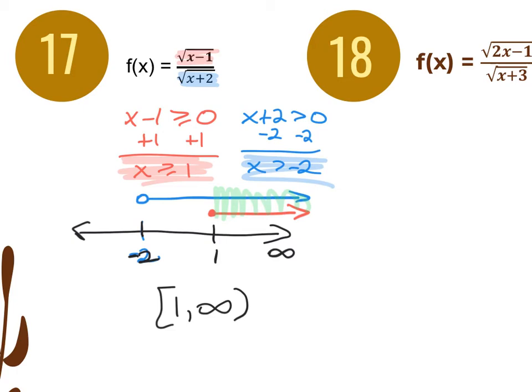That's why I only start at the 1, because this section here will not be satisfied for the numerator. It would make it negative. So that's why I only start my domain from where both lines are together.